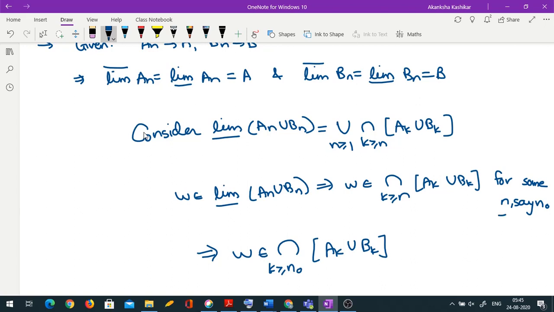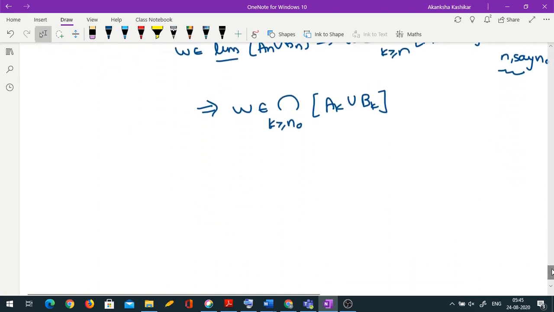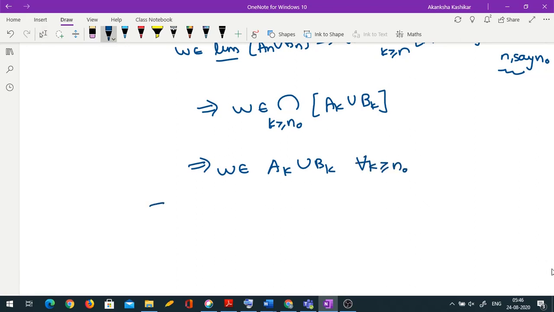Okay, this came because we are considering union. Okay, so what does this mean? This means omega belongs to ak union bk for every k greater than or equal to n naught. So this implies omega belongs to ak or omega belongs to bk for every k greater than or equal to n naught.